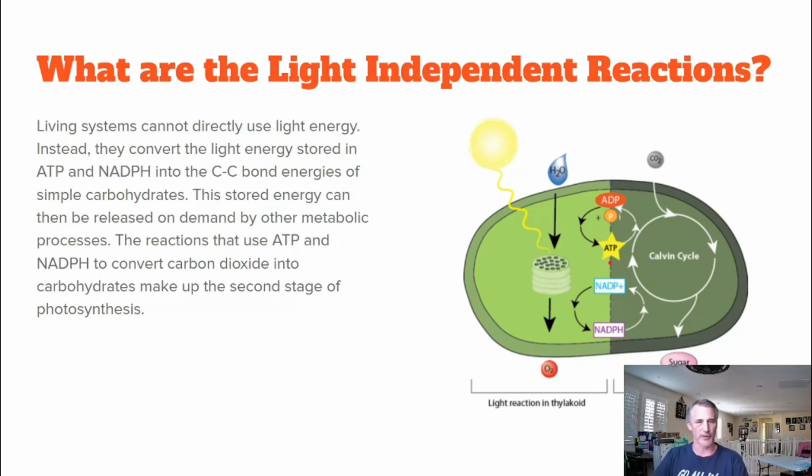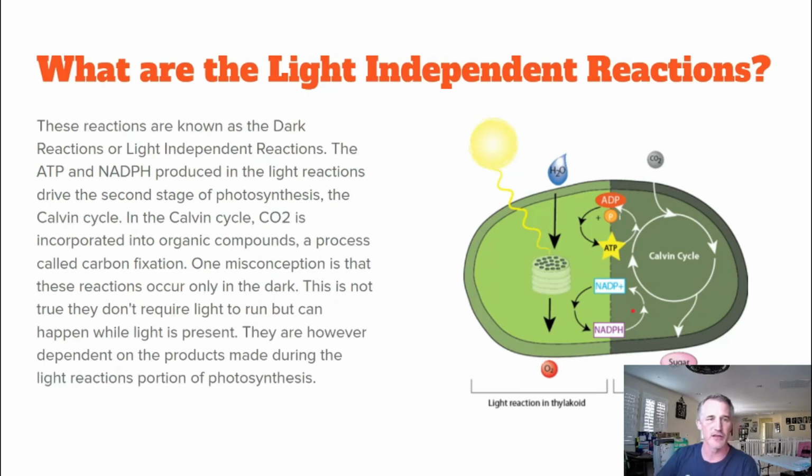Okay, so the reactions that ATP and NADPH use to convert carbon dioxide into carbohydrates make up the second stage of photosynthesis, and it's known as the Calvin cycle. So these reactions are known as the dark reactions. Again, not really a fan of that term. Or the light-independent reactions. That's a better term. Or the Calvin cycle. The ATP and NADPH produced in the light reactions drive the second stage of photosynthesis, the Calvin cycle.